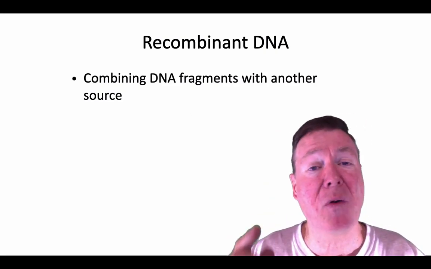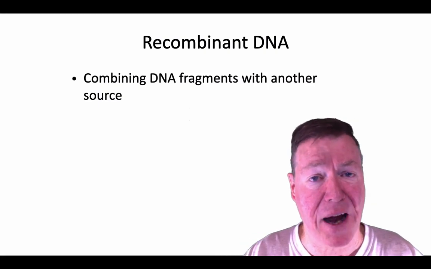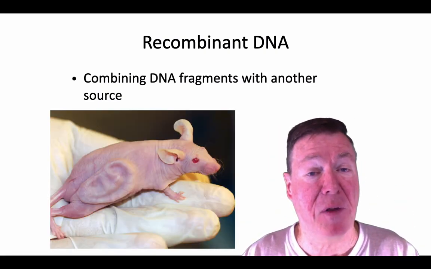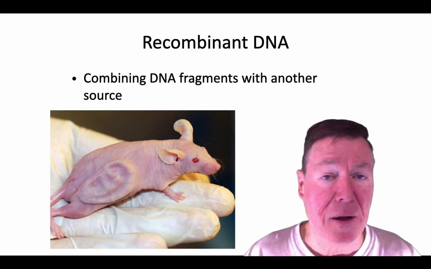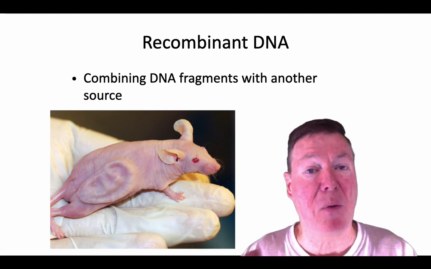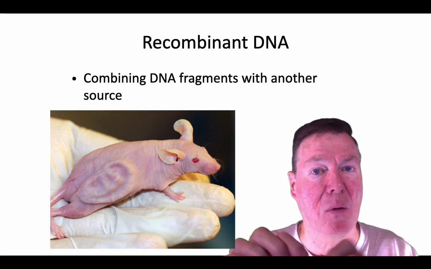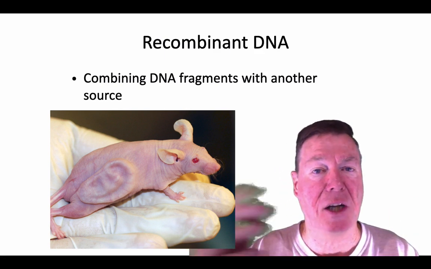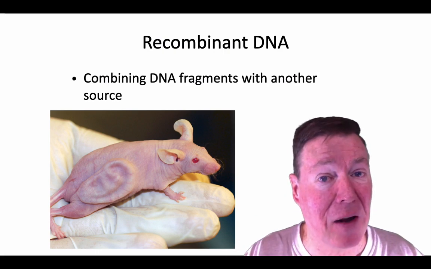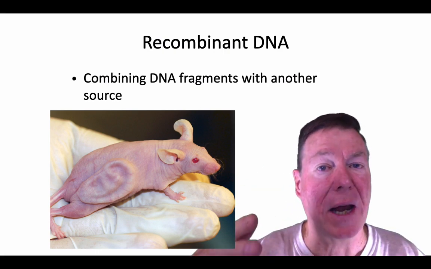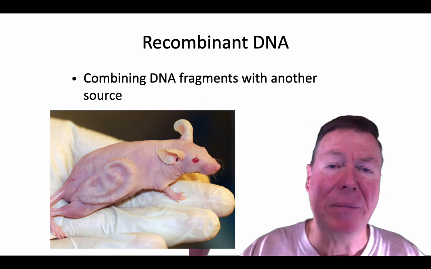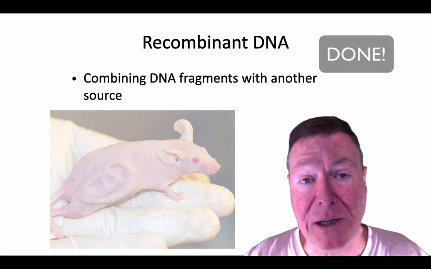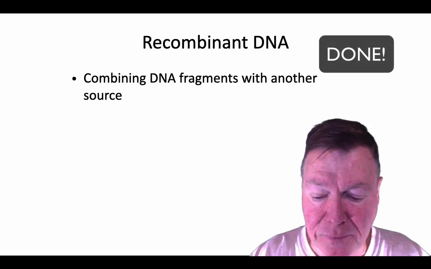They actually have grown human ears on the back of mice. How? Take the DNA that codes for the shape of the human ear, put it into the cell of the mouse, and when it's an embryo, we know exactly what cells become what, and we can grow a mouse that has a human ear growing out of it. Now, it can't hear out of the ear, but it has what looks like a human ear growing out of it. And if I could find one, I'll put a picture of it into the presentation when I get there.